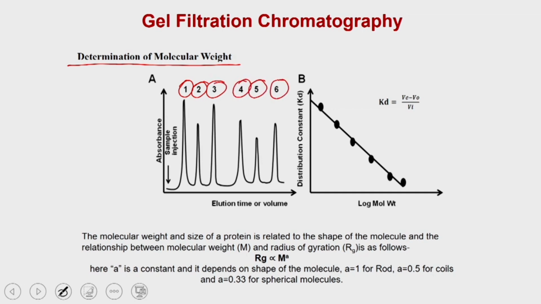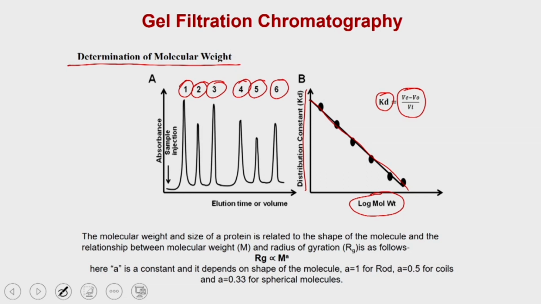All these molecules are going to elute at a different elution time or elution volume, and then you can calculate the distribution coefficient or distribution constant Kd, which is Kd = (V - Vo)/Vi. That Kd you can plot against the log molecular weight of these molecules, and that will give you a calibration curve. Now, you can use this calibration curve to calculate the molecular weight of the unknown substance.